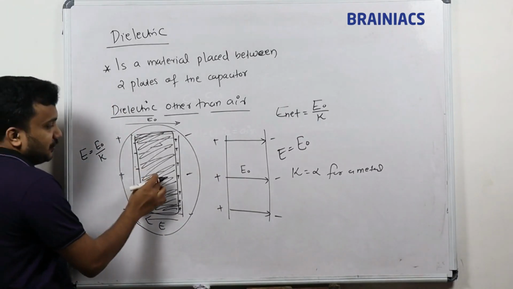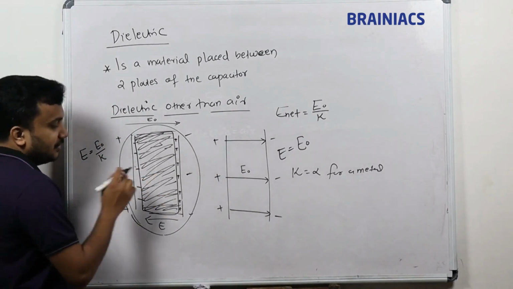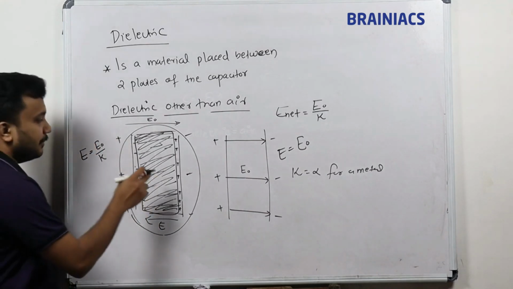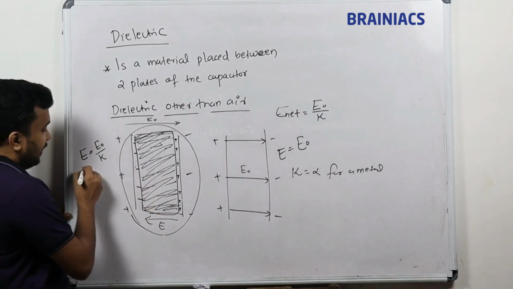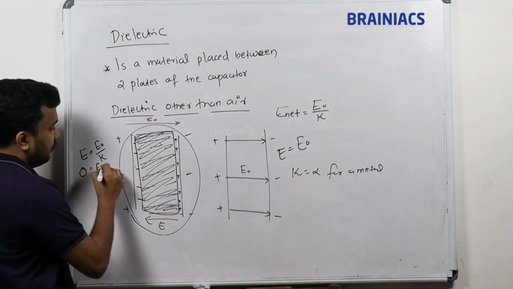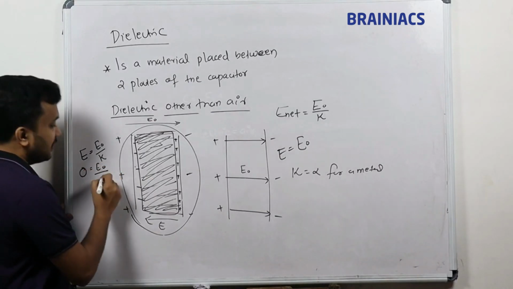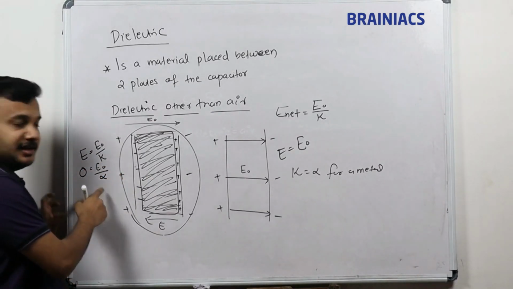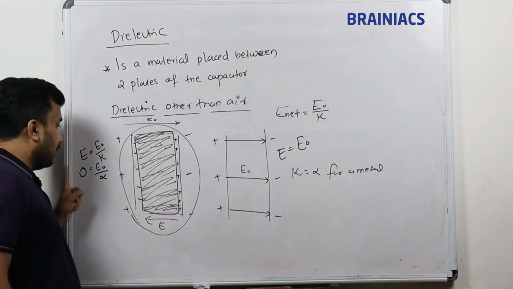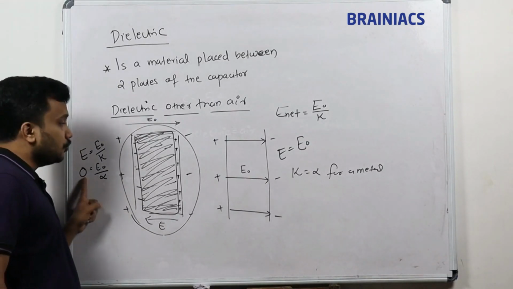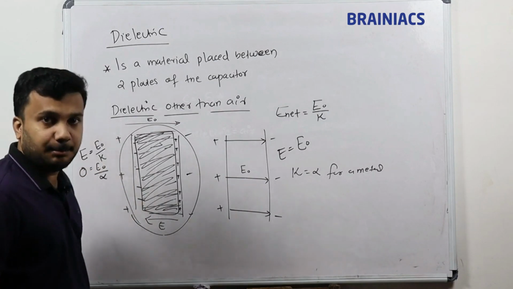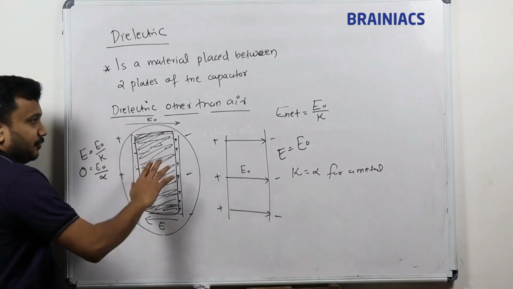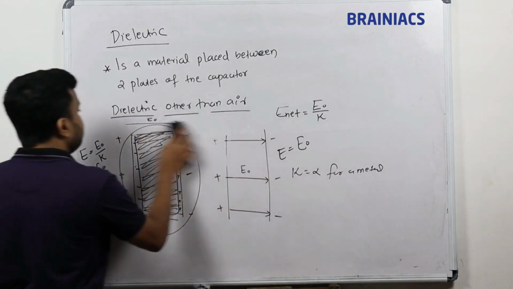If this is a metal instead of a dielectric, then E will be equal to 0, but E0 will be there. To have it 0, K should be infinity. Only if K is infinity will the total electric field be equal to 0 whenever a metal is in place.